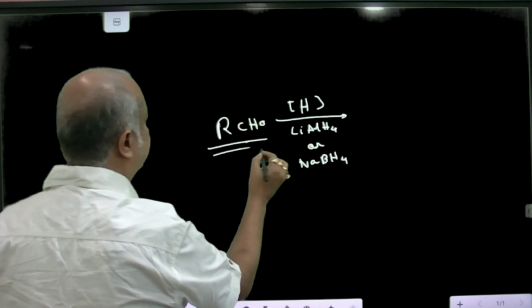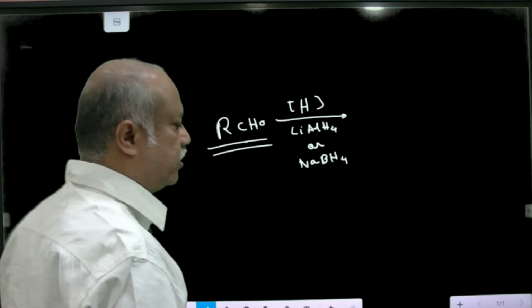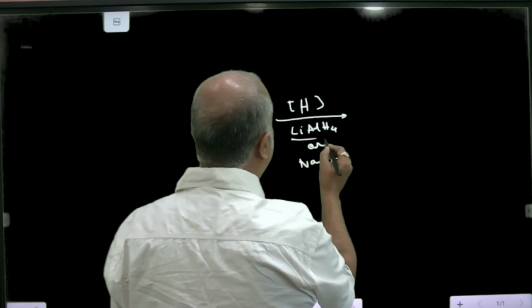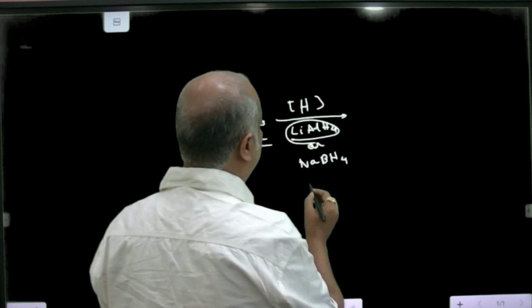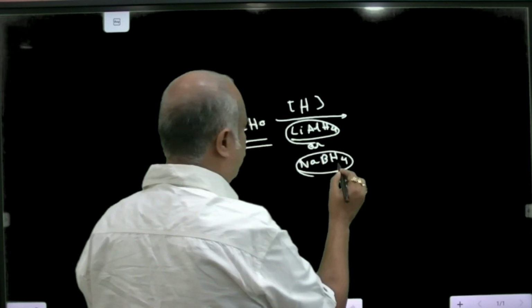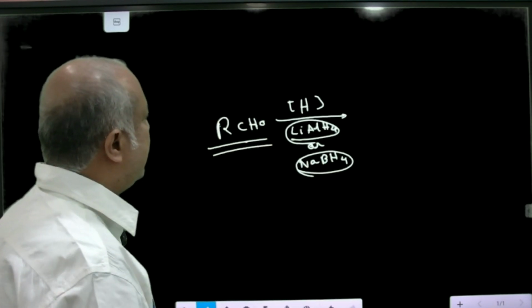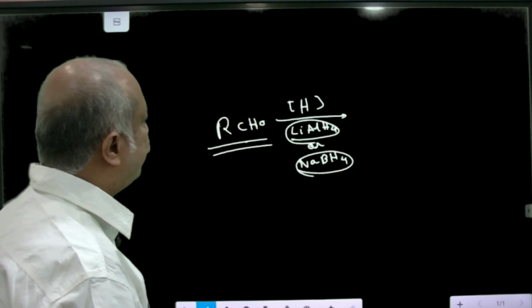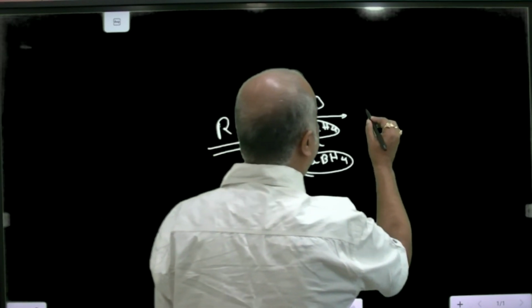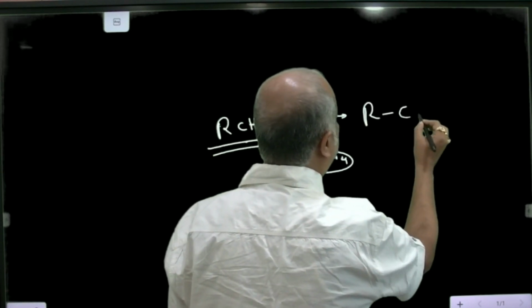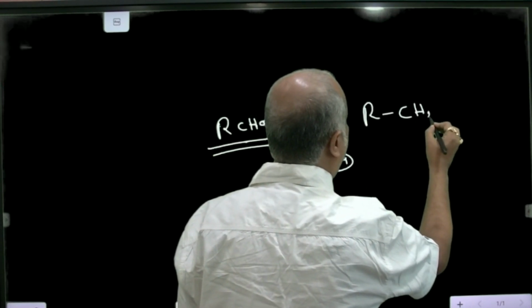Aldehyde is reduced by a reducing agent like lithium aluminum hydride or sodium borohydride, LiAlH4 or NaBH4, and then you will get the primary alcohol. This is the big point.